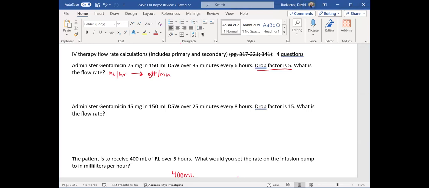Okay, that's the other thing. Drop factor means GTT per mL. That means it takes 5 drops per milliliter. If you've ever used a dropper, like to drop antibiotic in the eyes or the ears, a lot of times they'll tell you to put 10 drops or 5 drops or 7 drops.